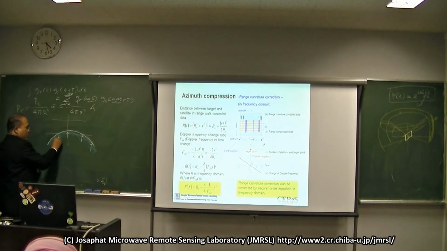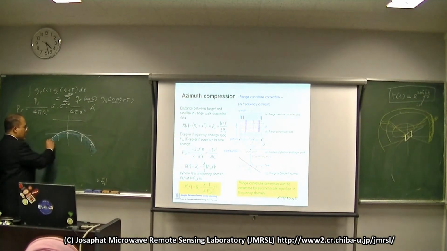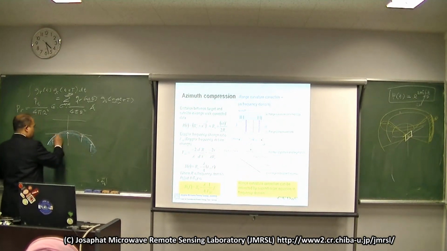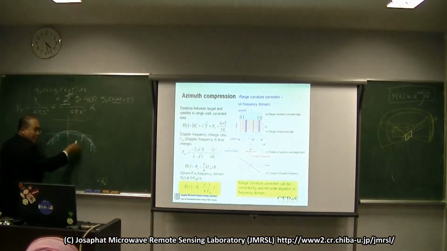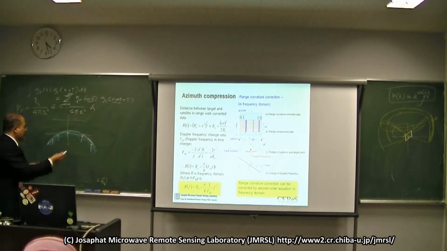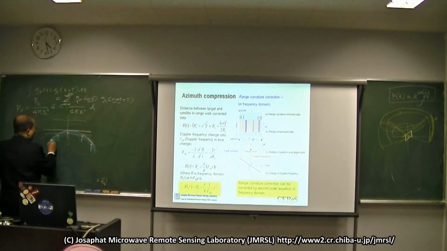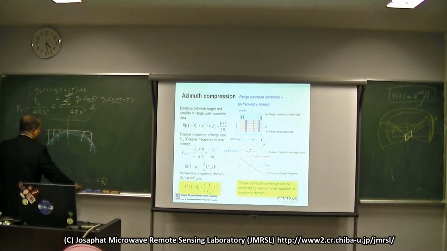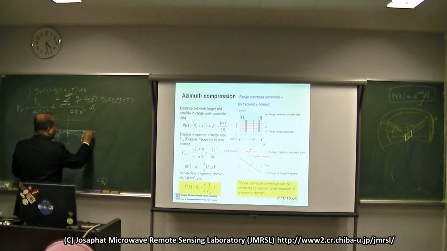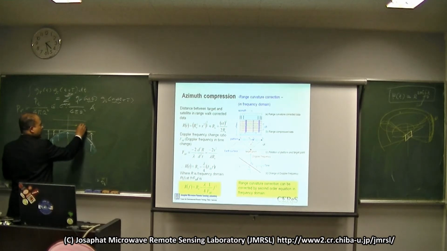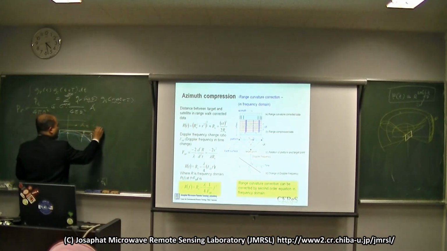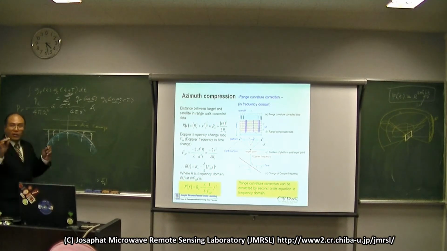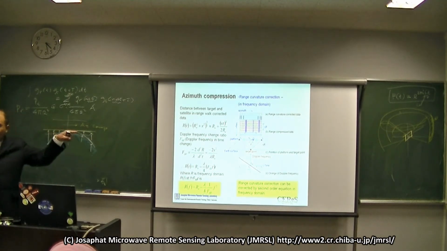From this response you must change to be a line, this line, but this line is still bending like this one. You must process it to be one line, this line, before you make the azimuth compression. First, your line must be straight.